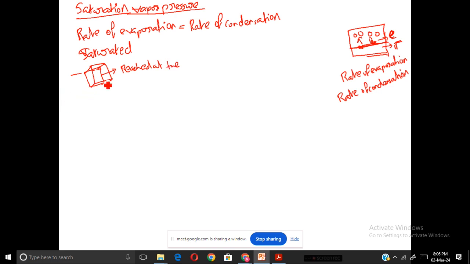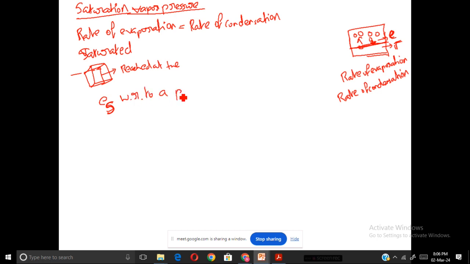So when a parcel reaches saturation, the vapor pressure exerted by the water vapor molecules in the parcel is known as saturation vapor pressure. In the case of water vapor, we represent saturation vapor pressure with respect to a plane surface of water.